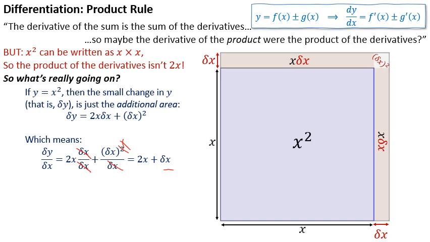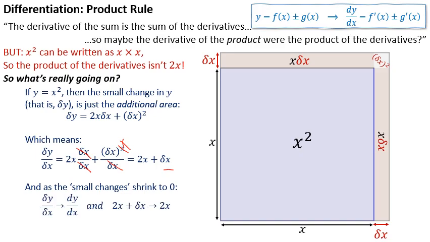Well, that's okay, because what's going to happen next is we're going to make delta x shrink all the way down towards 0. We're going to look at what happens as delta x gets closer and closer to 0. And the derivative, dy by dx, is defined to be the limit of delta y over delta x.